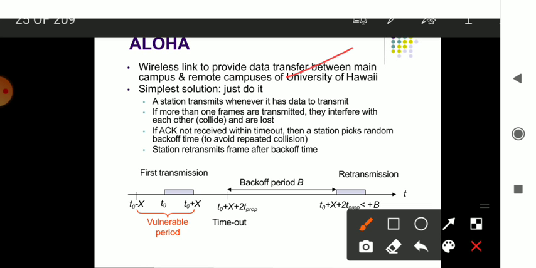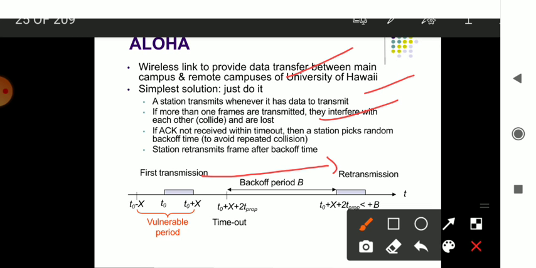The main thing is that information may be transferred from one source to another destination, from one station to another station, from one device to another device. When more than one frame is transmitted at a time, there are chances of colliding.